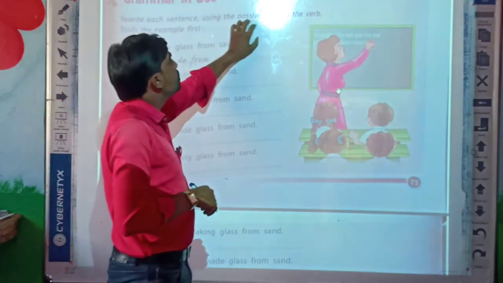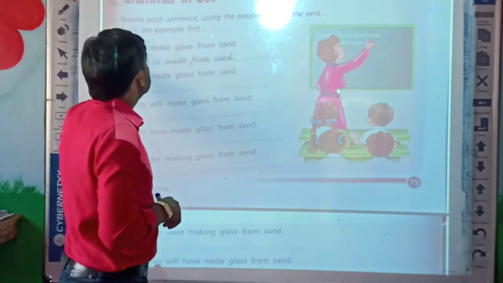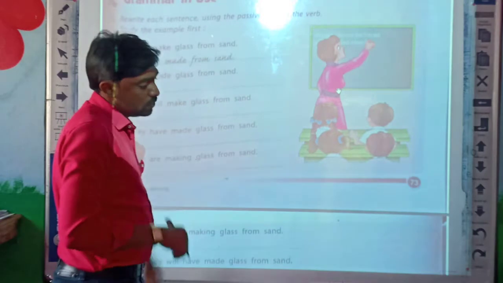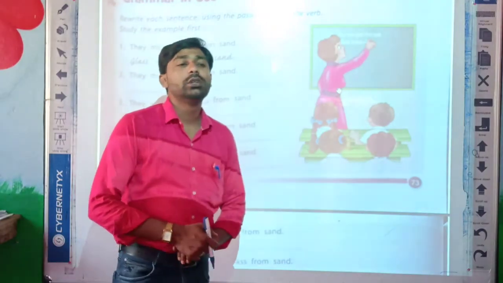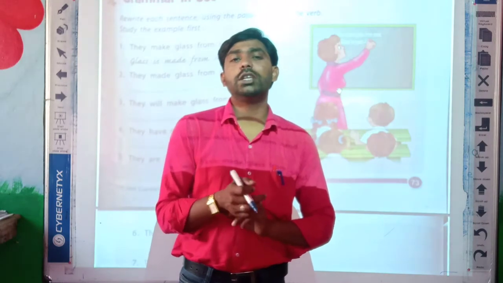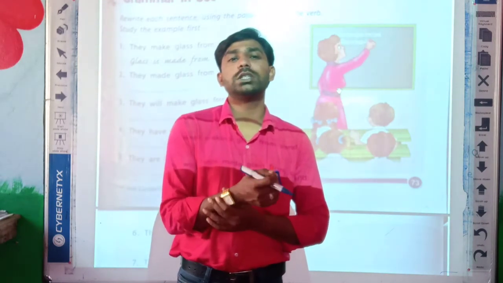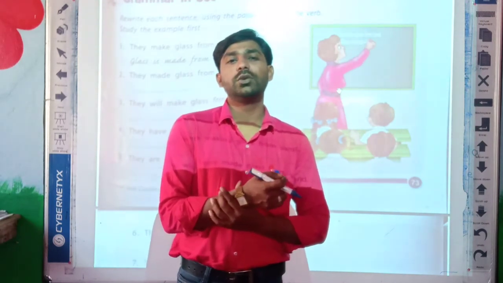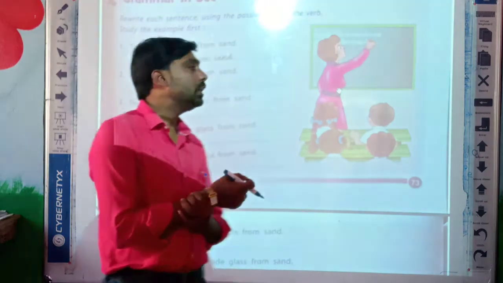Rewrite sentences using the passive form of the verb. Study the example first. Students, we have to make these sentences in passive voice. Already you have learned active voice and passive voice in your grammar subject. Now we will do it in English subject.